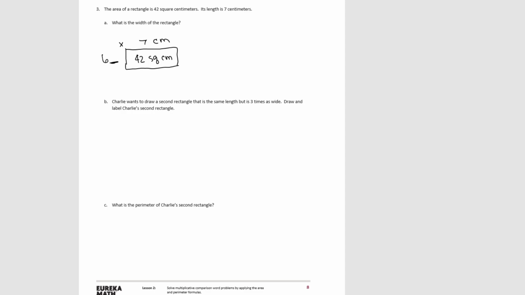And we know 7 times 6 is 42. So the width would be 6 centimeters. Now Charlie wants to draw a second rectangle that is the same length but 3 times as wide. Draw and label Charlie's second rectangle. Pause the video and try B.